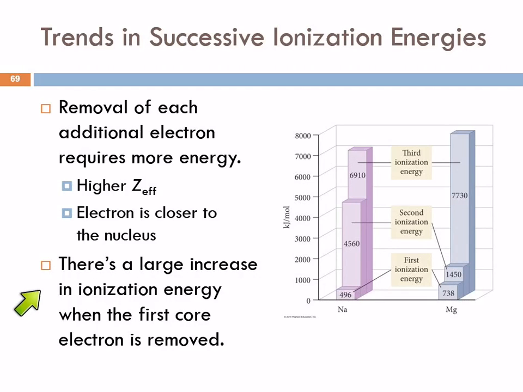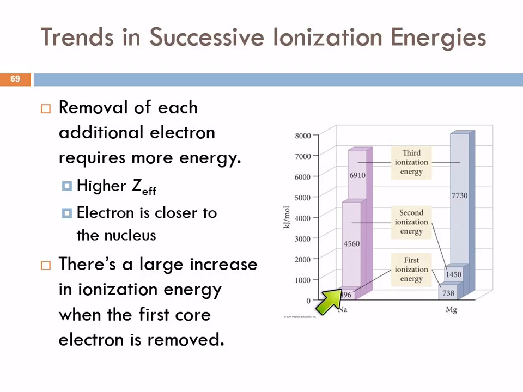It's kind of scary. So we see there's a large increase when the first core electron is removed. Removing valence electrons, the energy increases, but once you start removing core electrons, it becomes a lot harder. So what we see here, sodium has 1 valence electron. Removing that one is 496 kilojoules per mole.